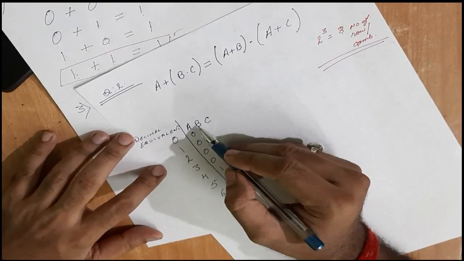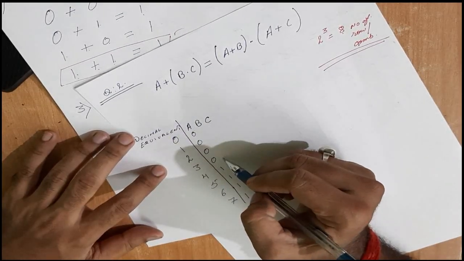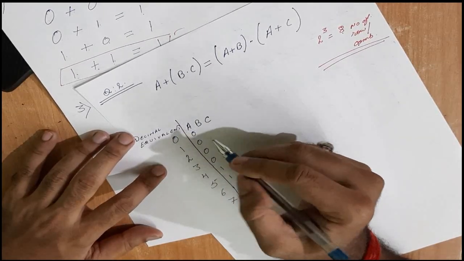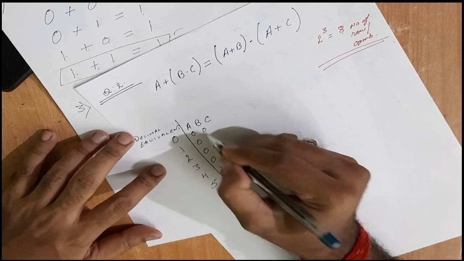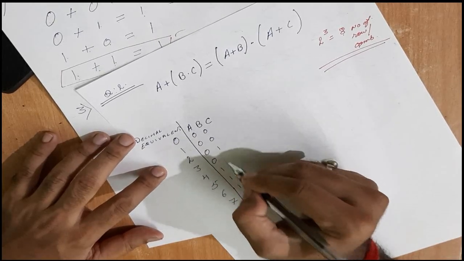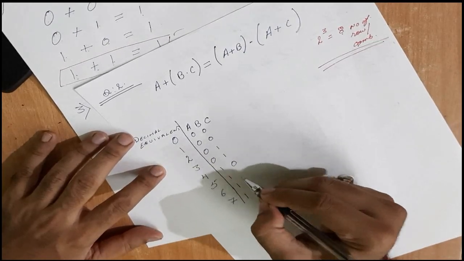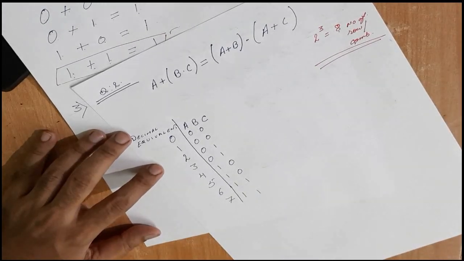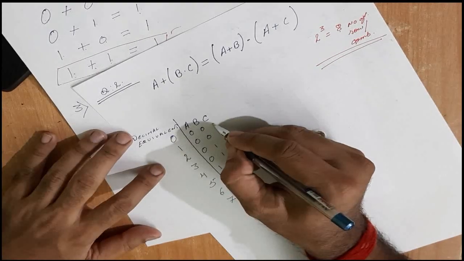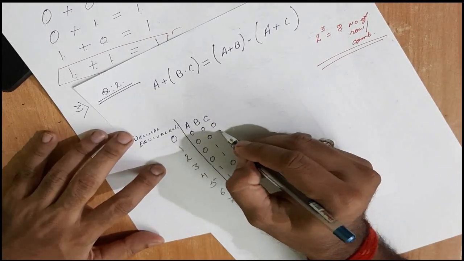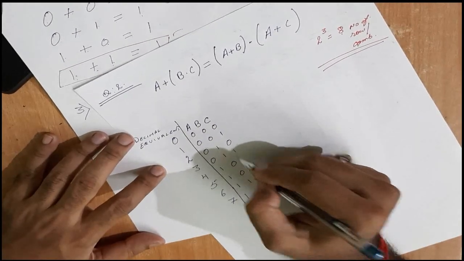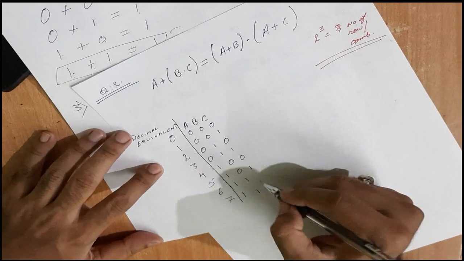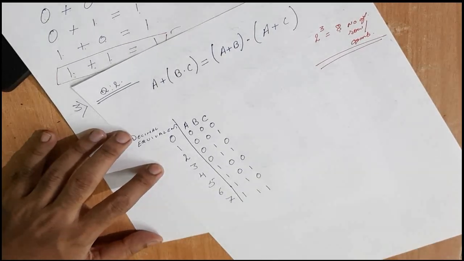Next one, here I have 4, so it will be divided by 2. That means I'll have 2 zeros and 2 ones, 2 zeros and 2 ones. Right students? And third one, as everybody is aware, 0 1, 0 1, 0 1, 0 1 combinations.